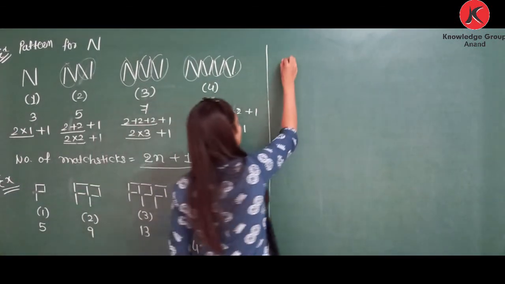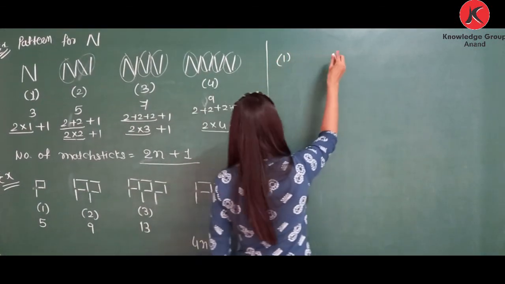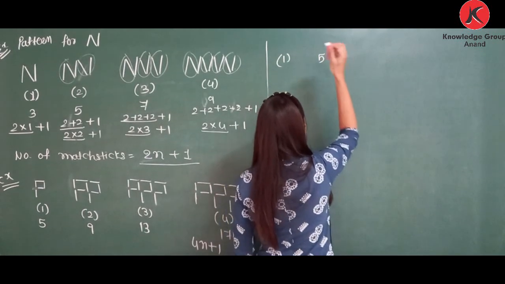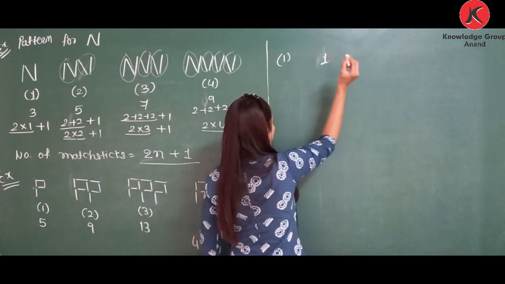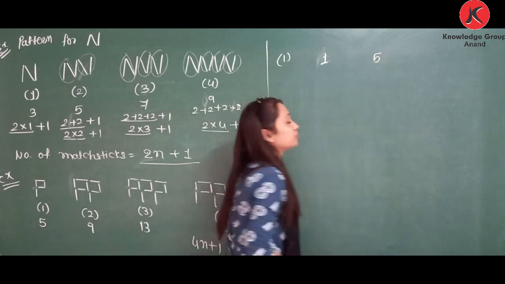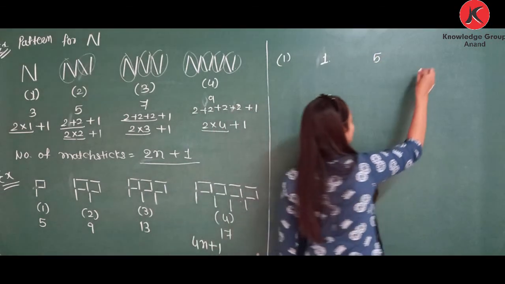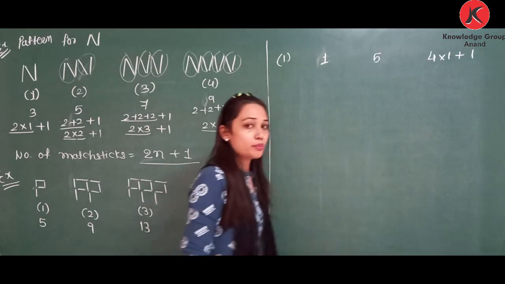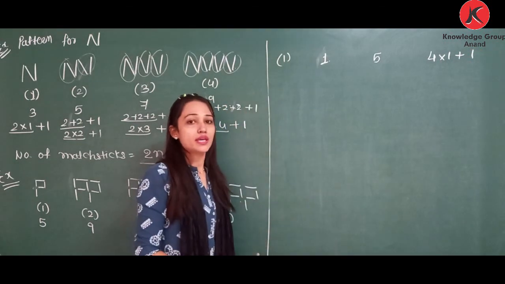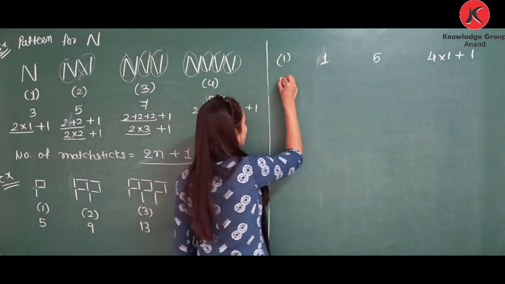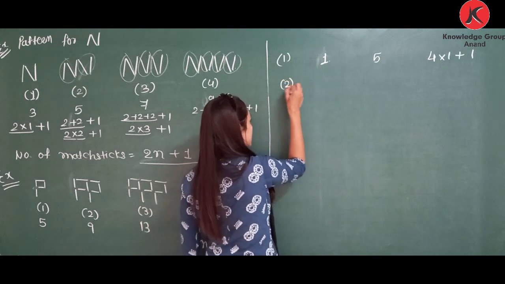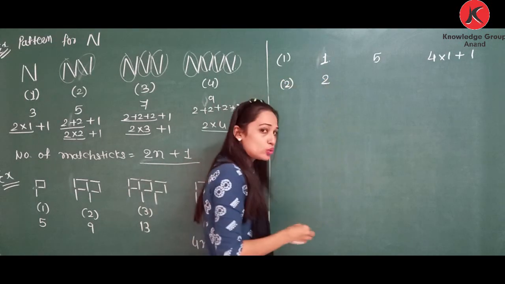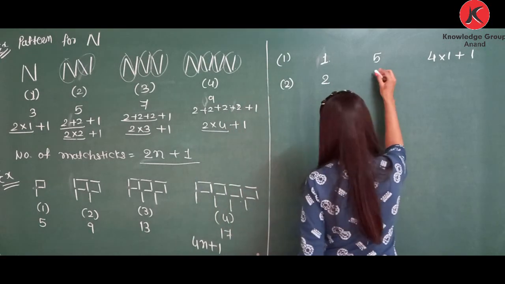So for the first figure, we need 5. For 1 times P, we need 5 matchsticks. So that can be written as 4 multiplied 1 plus 1. Because we are adding 4 matchsticks every time, that's why 4 will be constant. So for the second figure, 2 times P, we need 9 matchsticks.